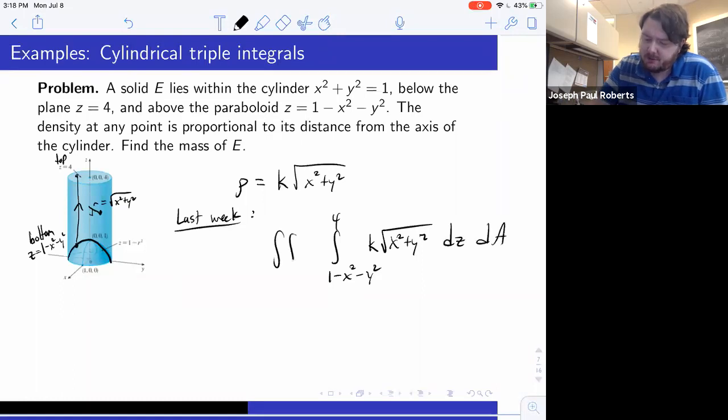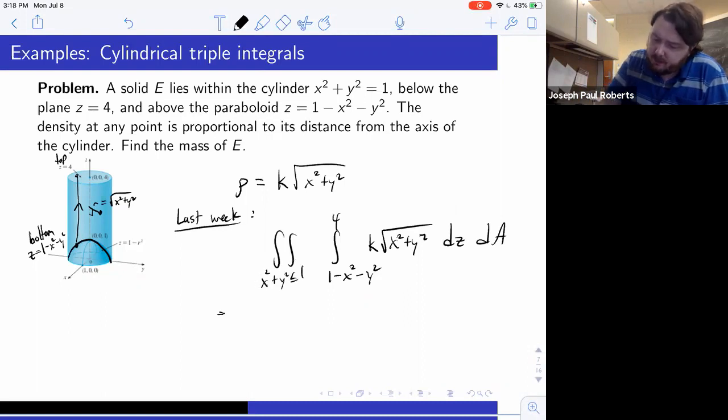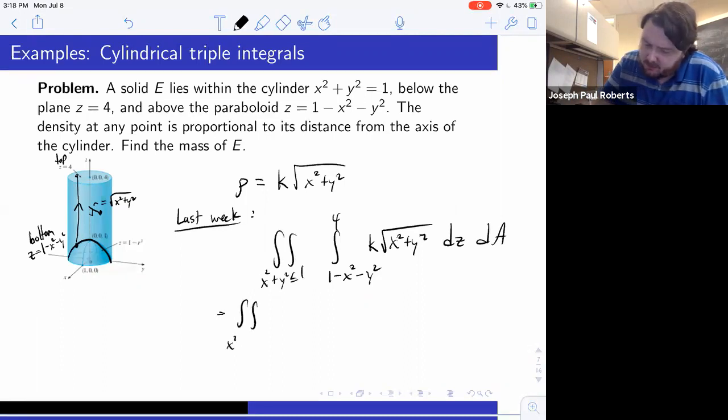And then the way I showed you last week, I said, you know what, because we're eventually going to switch the xy bounds into polar coordinates, we might as well not spend the time writing out what they are in terms of y goes from the bottom half of the circle to the top half of the circle. You could just leave your xy bounds as this disk, x squared plus y squared less than or equal to 1. The first step is you do the z antiderivative.